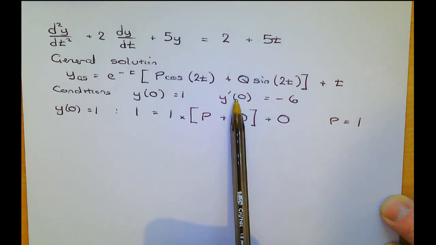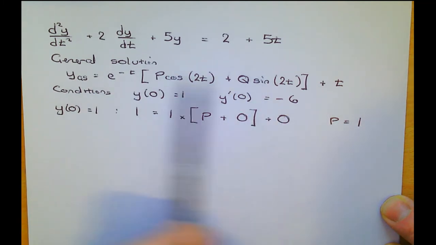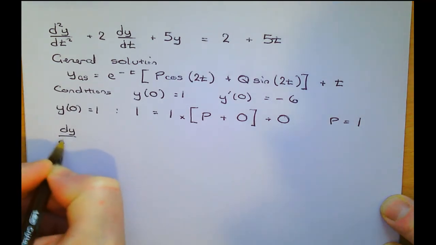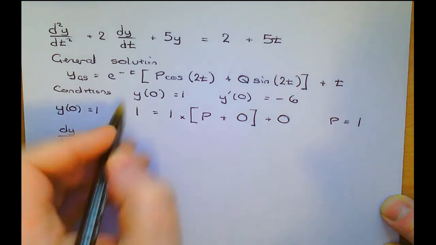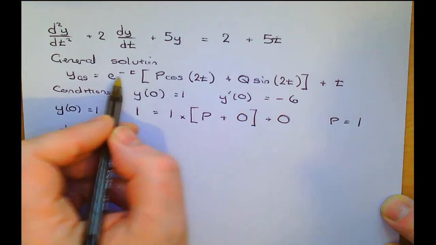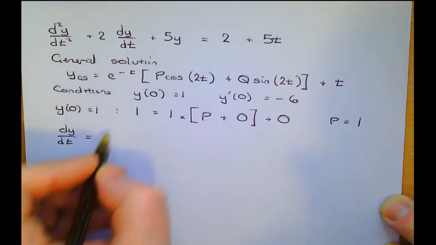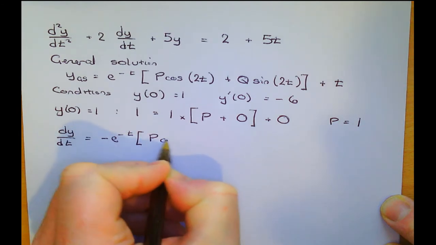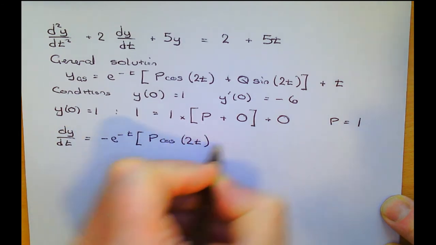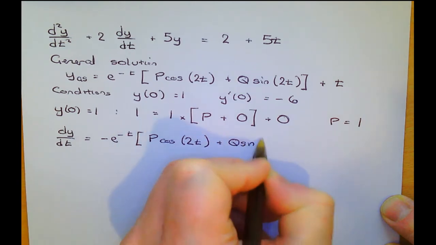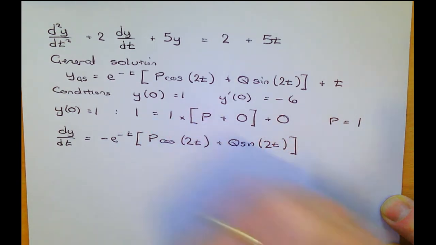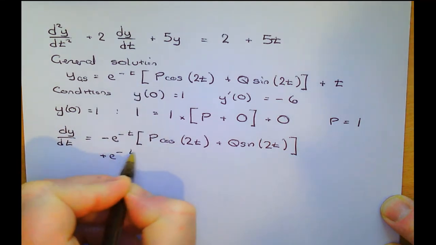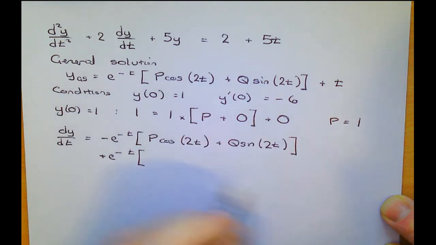The second condition involves the derivative. So let's differentiate the general solution. So dy by dt, we will have here a product to differentiate. So minus e to the minus t times this bracket plus e to the minus t times the derivative of the bracket here.